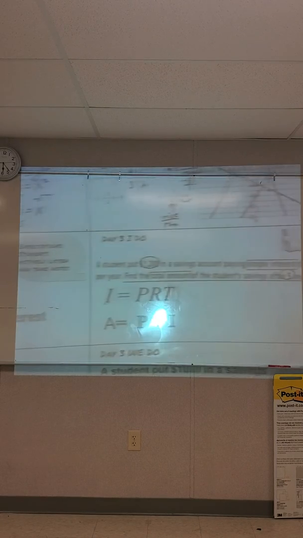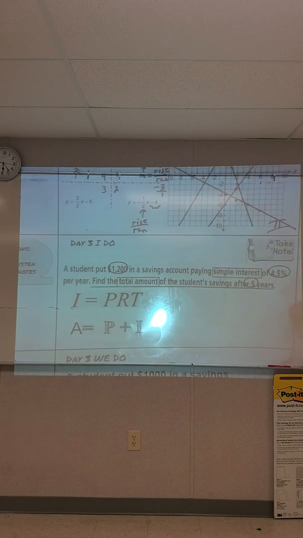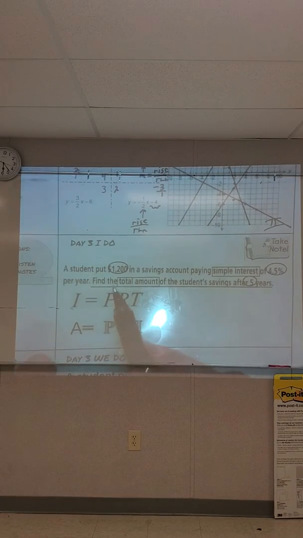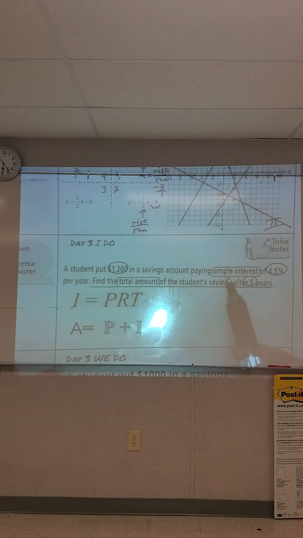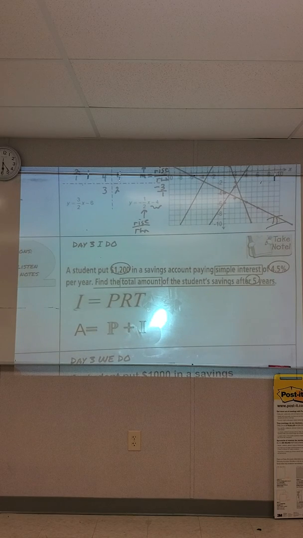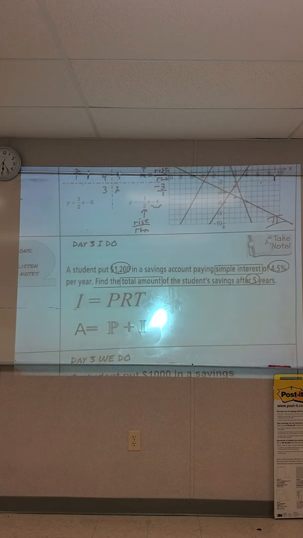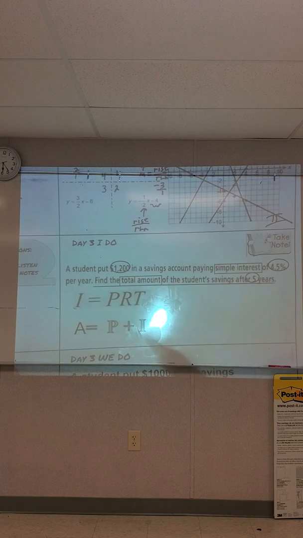Alright, so let's take a look at this. So, a student puts $1,200 in savings, and the savings account pays a simple interest of 4.5% per year. So, if the $1,200 stayed in that savings account, at the end of the first year, the student would get 4.5% of the $1,200 added to their $1,200.